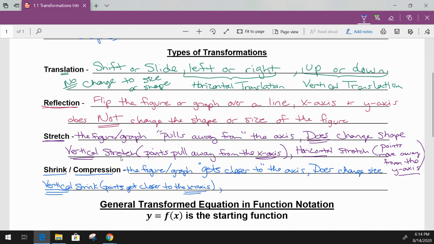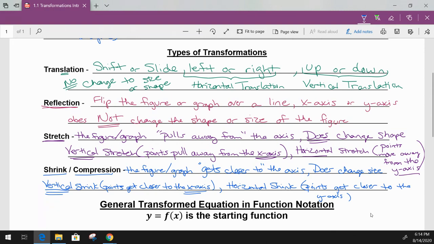And a horizontal shrink means that the points are getting closer to the y-axis. Now I'm going to show you some of this on that Desmos graph in a minute, but we're going to finish taking our notes here first before we play around with that.